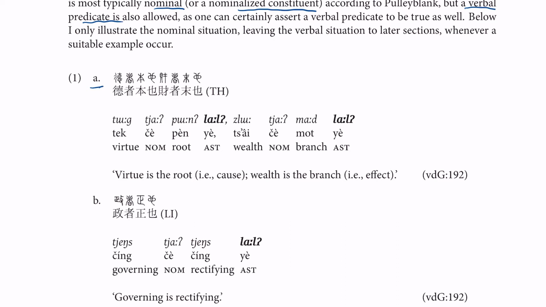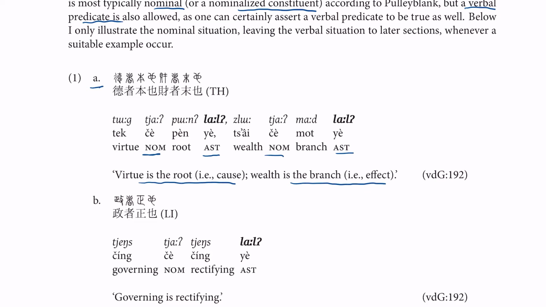A word-for-word reading of the sentence is virtual, nominalizer, root, assertive particle, which means virtual is the root, or virtual is the cause. And the second half of the sentence means wealth, nominalizer, branch, assertive particle. In English, this would be translated as something like wealth is the branch or the effect.